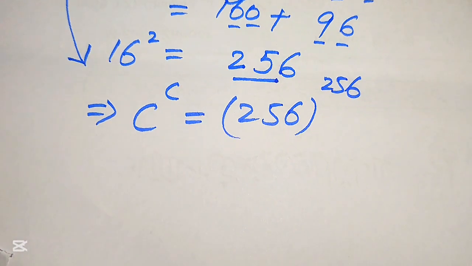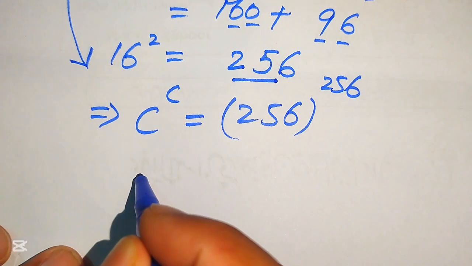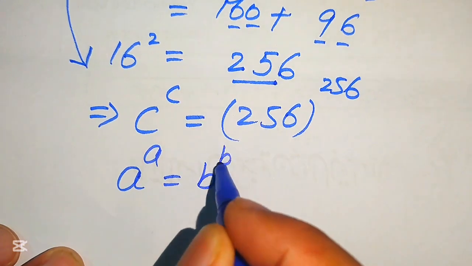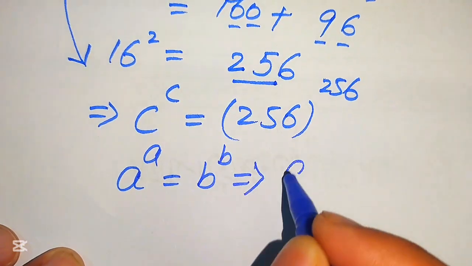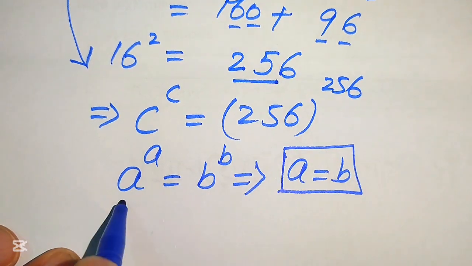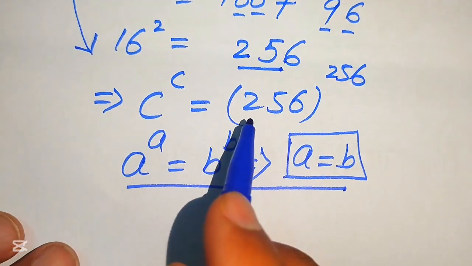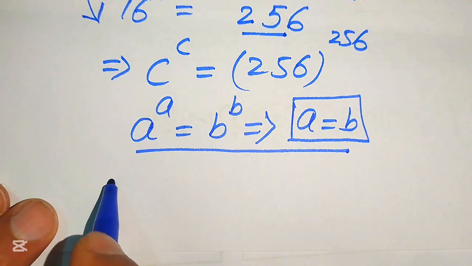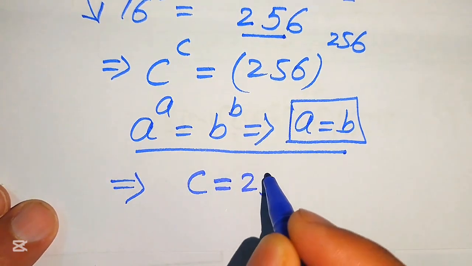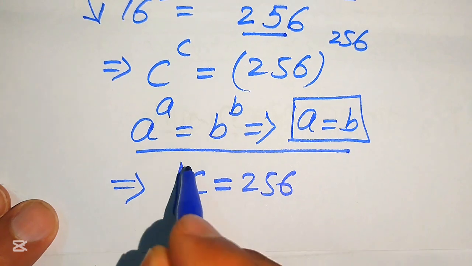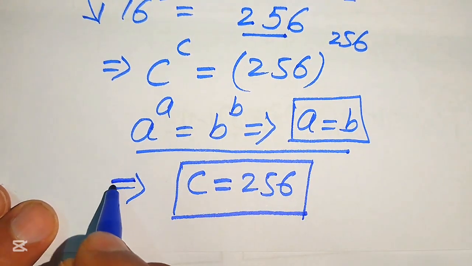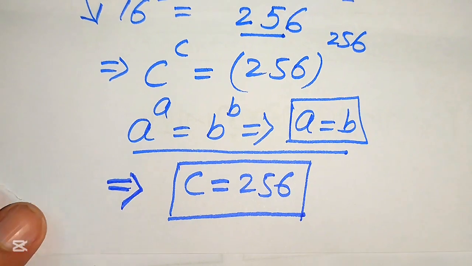Now here we apply this nice rule: if you have a to the power of a equal to b to the power of b, then this implies that a is equal to b. According to this nice rule, we compare the bases or the exponents. If you compare both of these, you get the same answer, and that is c is equal to 256. So this is our final answer of this problem.